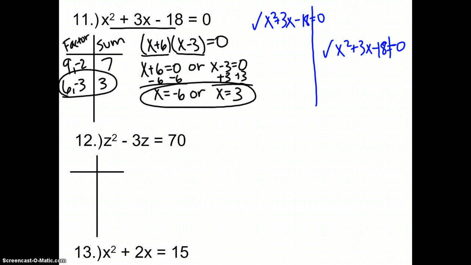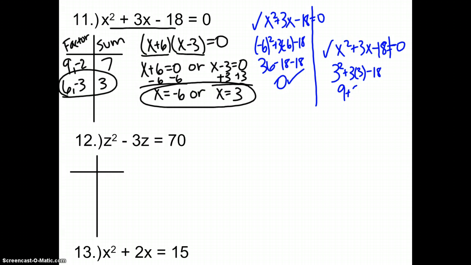We can start with negative 6, so we have negative 6 squared plus 3 times negative 6 minus 18, which gives us 36 minus 18 is 0, which checks out. And then plug in 3. So 3 squared plus 3 times 3 minus 18 gives us 9 plus 9 minus 18, with a solution of 0, which also checks out.